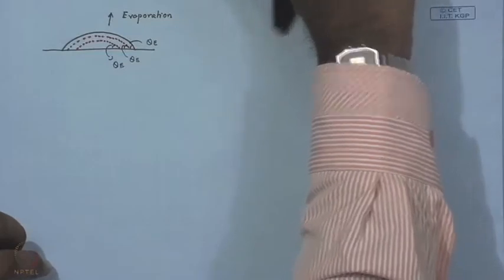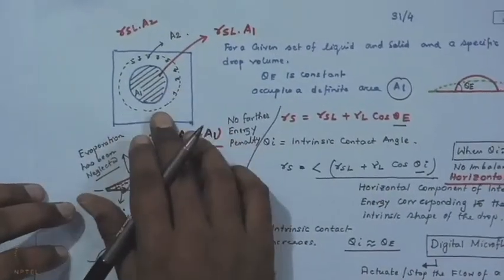So, we argued here that the amount of area that a drop is supposed to cover depends on its volume as well as the combination of gamma S, gamma SL and gamma L. The combination of the surface tensions and the interfacial tension determines the equilibrium contact angle, but the exact area the drop is going to occupy is a function of the drop volume, okay?